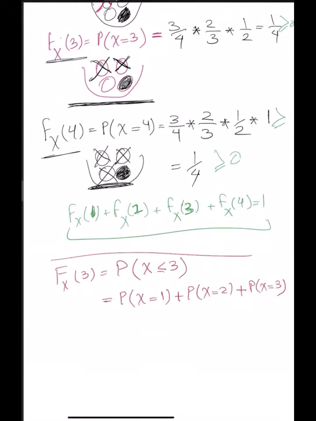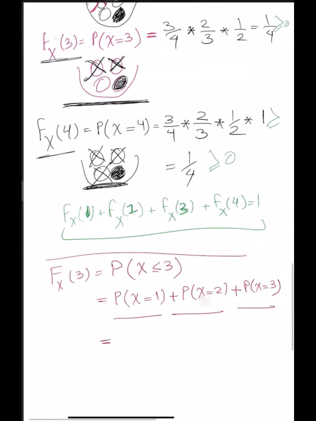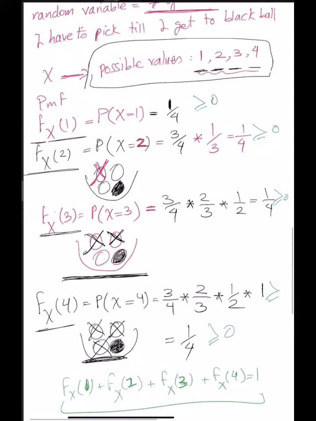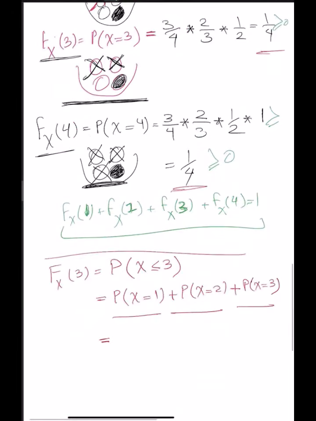In these scenarios, x gets a value less than or equal to 3. So we add those 3 probabilities. We just calculated that each one of them is 1 over 4. So 1 over 4 plus 1 over 4 plus 1 over 4 is 3 over 4. So you can calculate the cumulative distribution function, or CDF, for any possible value of this random variable.